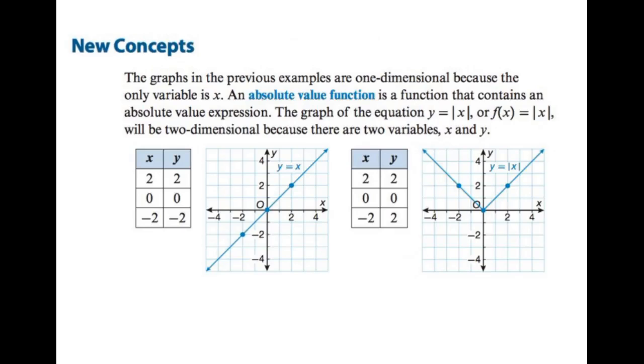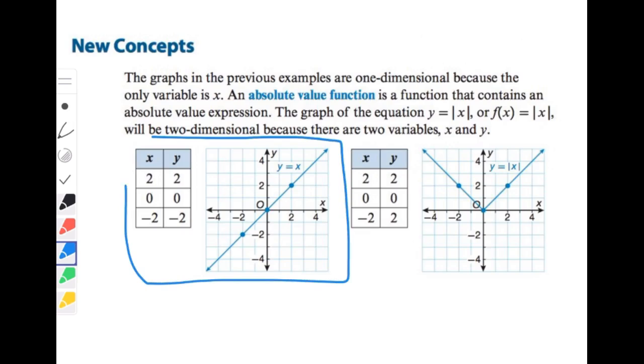All right. So we've been dealing with absolute values this entire lesson. And this is just to give you a sense of what an absolute value graph looks like. You guys have probably already seen it before, but if you haven't, on the left we just have y equals x.